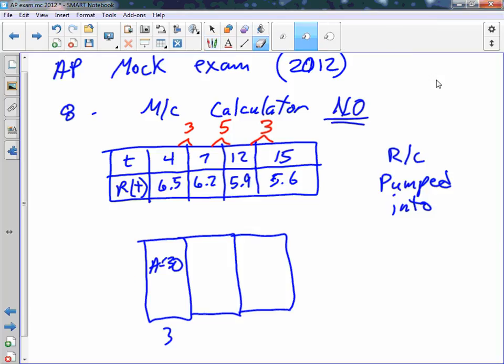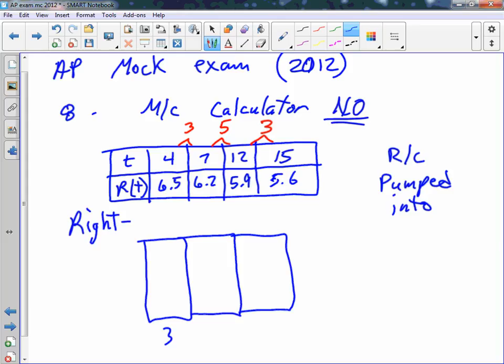So this one then was 3, and then it's a right-hand sum. Right-hand sum, which means you're going to take this first one, you're going to use the 3 and the 6.2 for a right-hand sum.